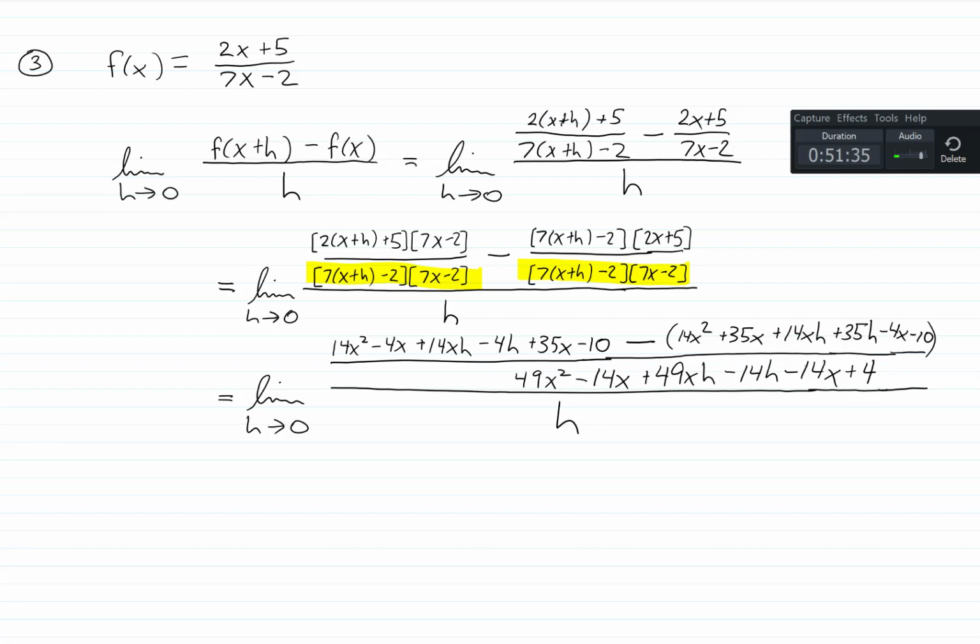It's actually quite a bit. Okay, here's a 14x squared, and then I am subtracting 14x squared. So those will cancel. Here's a 14xh, and then I am subtracting 14xh, those cancel. Here's a negative 4x, and then I am subtracting negative 4x, so those cancel.